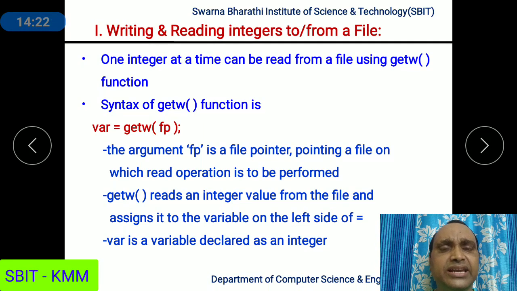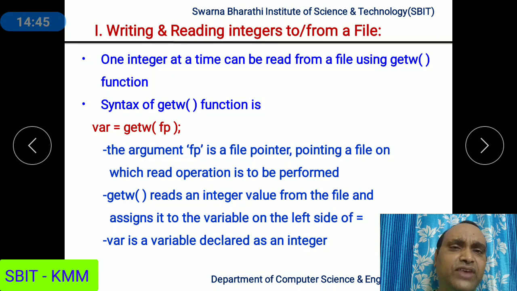And it goes on reading like that for every getw operation on the file. When it reaches the end of the file, meaning when all the integer values are read from the file, getw finally reads the EOF character. EOF means end of the file character.